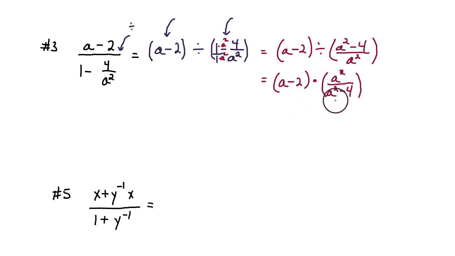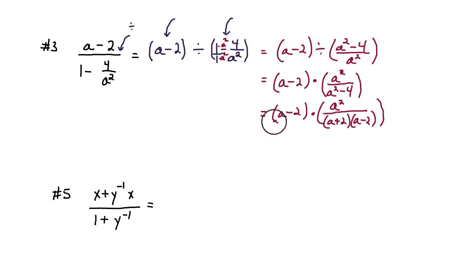But before we do that, let's look to see if there's any reducing. We can't reduce anything unless the parts are in factored form. And the a squared minus 4 factors. So let's leave the a minus 2 and leave the a squared and factor the a squared minus 4 as a plus 2 times a minus 2.